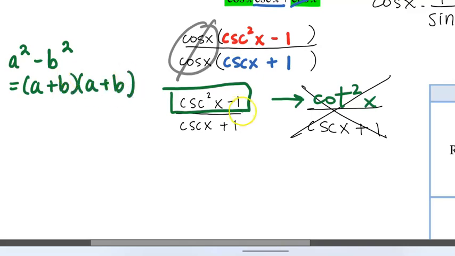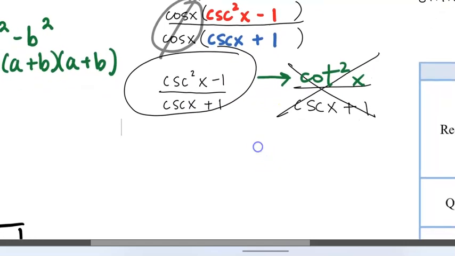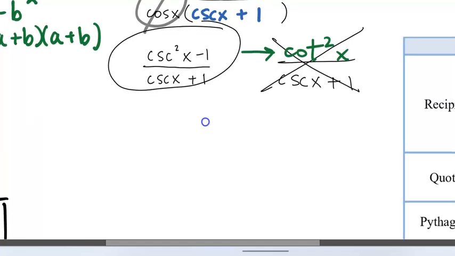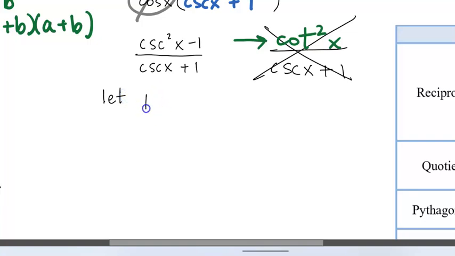Now let's say that we don't see that. Another technique that we'll discuss is when we're simplifying trig expressions and we get to a point where we only have one trig function, like I only have cosecant showing up in this expression now. One thing you'll see me do throughout this whole unit is I'll introduce a new variable and I'll say, okay, let p be the only trig function we have, which is cosecant.